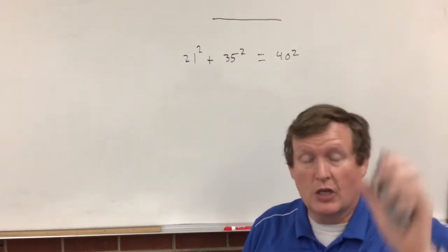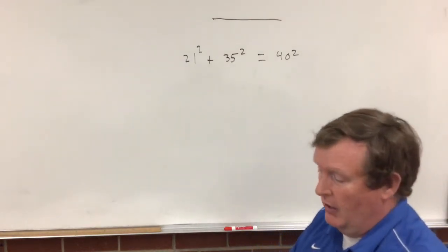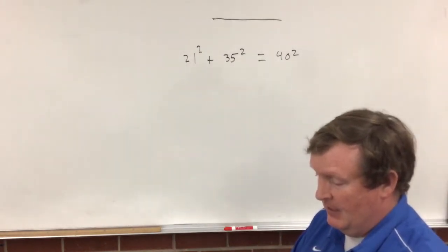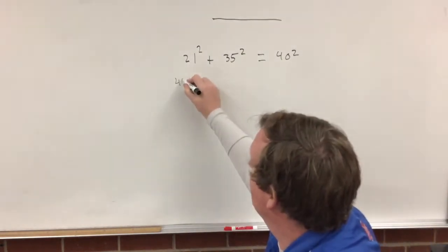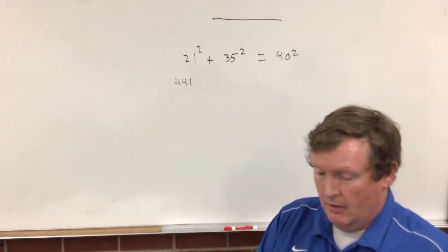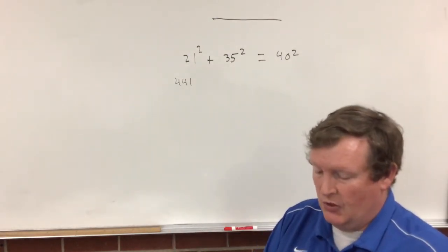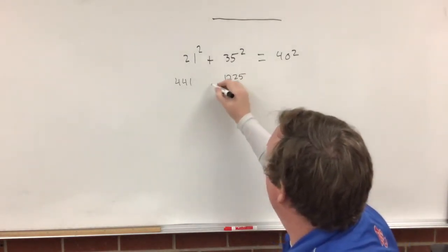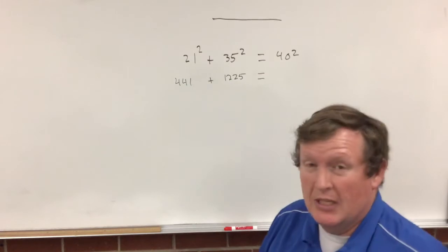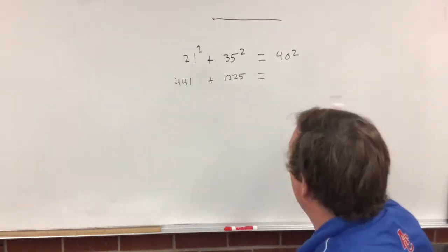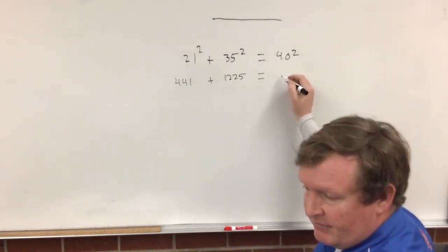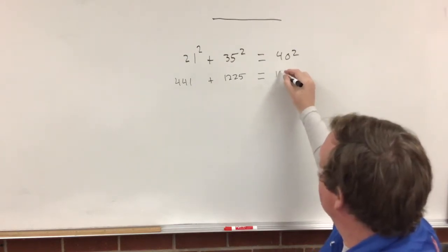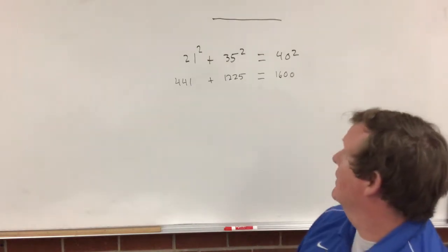Once again, you can use your calculator on this assignment, so it'll help you out a little bit. So 21 times 21 gave me 441. 35 times 35 gave me 1,225. 40 times 40 gave me 1,600.